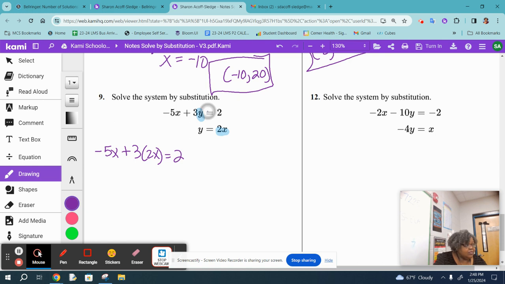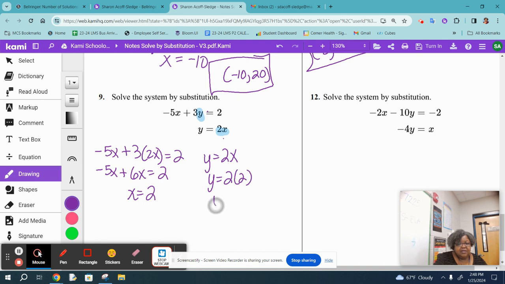This is 3 times y, so it's 3 times 2x. 3 times 2x is 6x. 5x plus negative 5x plus 6x is 1x. So x is 2. And I'm going to take that 2 and substitute it here. Y equals 2 times x, so y equals 2 times 2. And he knows that 2 times 2 is 4, so we're proud of him.